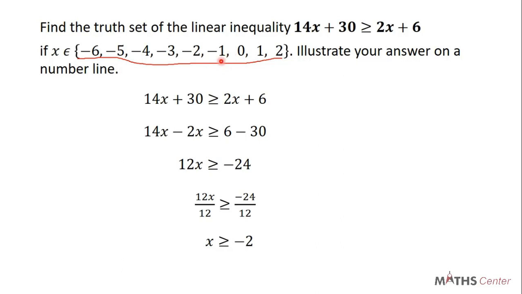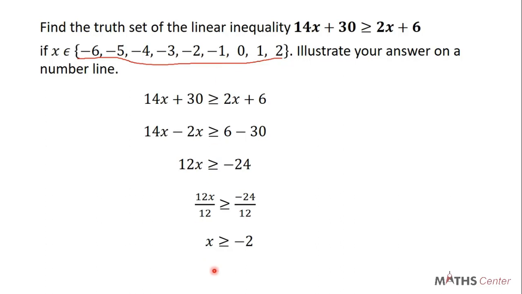So the truth set will be the values in this set that are greater than or equal to -2. I hope that is clear. In the previous examples, a set was not given to us, so our answers would go on up to infinity. But here the set has been defined for us.